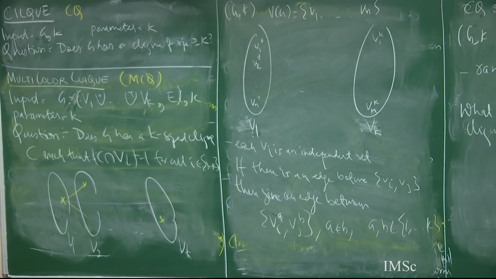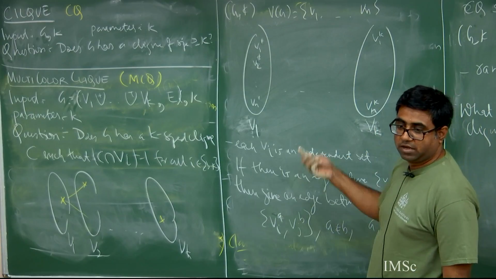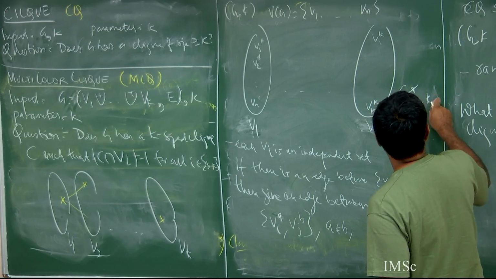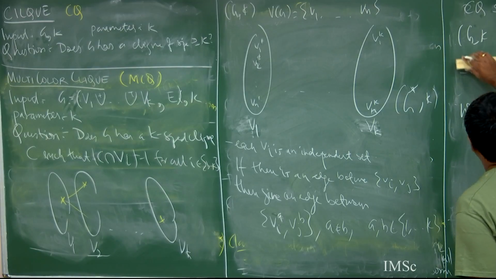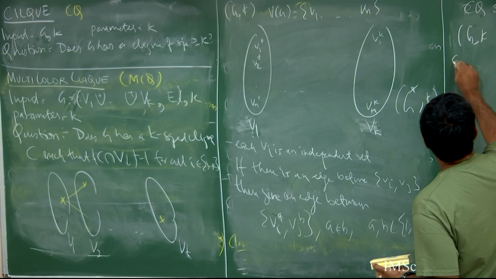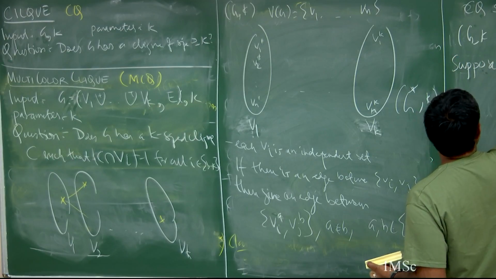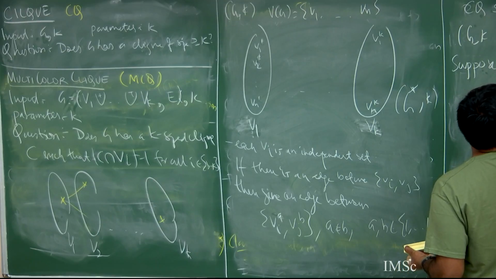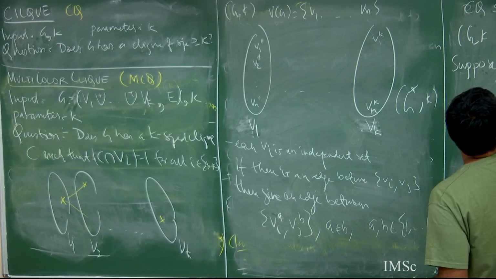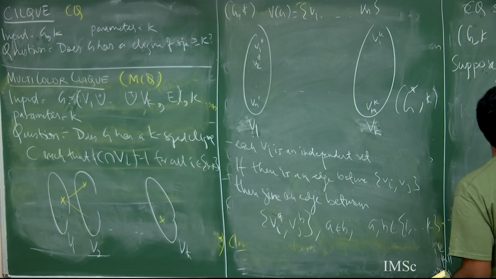Okay, now my claim is the same. So this is my construction and this is my partition. Let's call this G star K. What I would like to show first is, suppose G has a K size clique, say Vi1, ..., Vik.